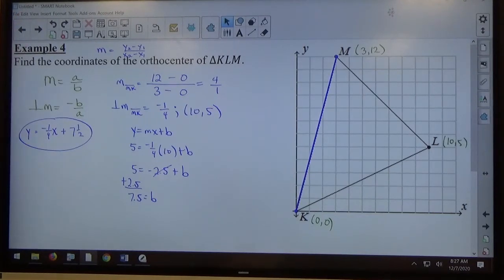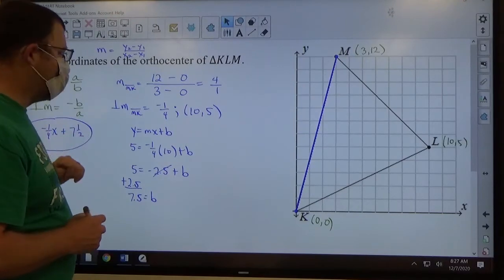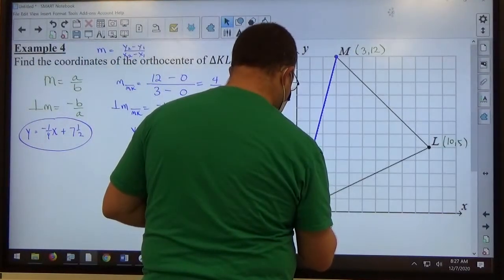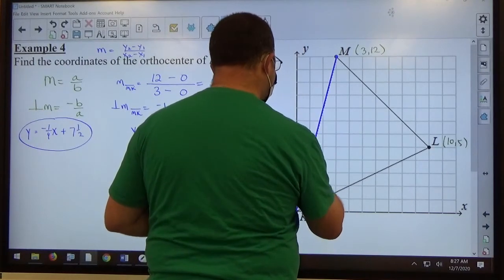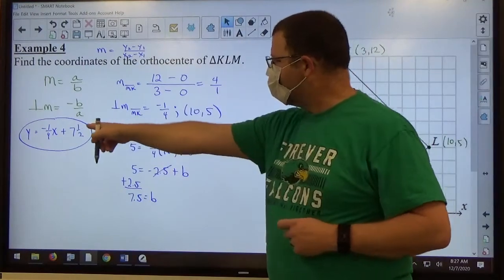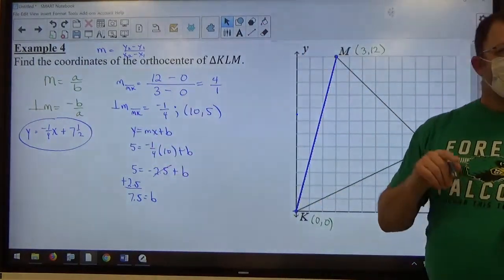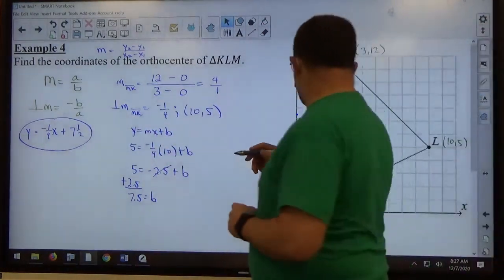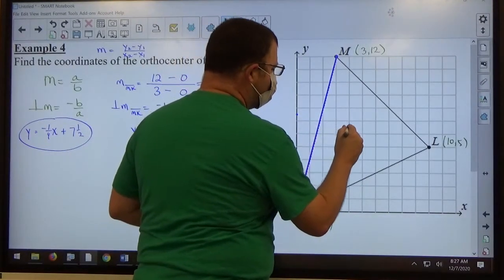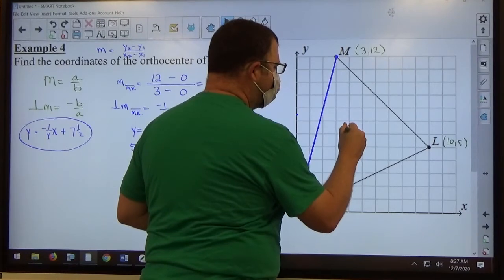To graph this line, we use the slope-intercept method of graphing. If I go up 7.5 on the y-axis, that's my y-intercept and my starting point. My slope of negative 1/4 tells me every time I go down 1 space, I go right 4 spaces. 1, 2, 3, 4, so right about there.